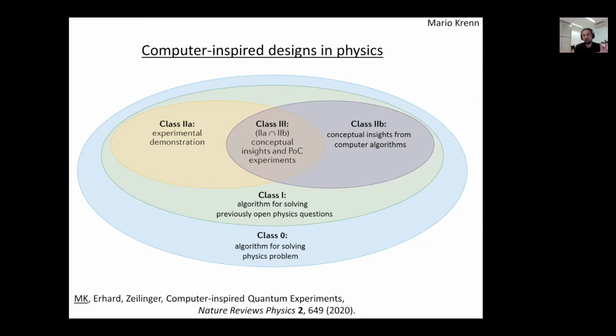And finally, class 3 algorithms are those that can produce both experimental and conceptual progress in their solutions. In the rest of the talk, I will explain how in quantum optics, we've made steps towards higher classes of those algorithms to reach both experimental feasibility as well as new concepts.